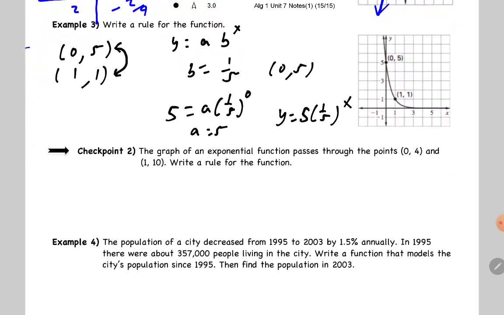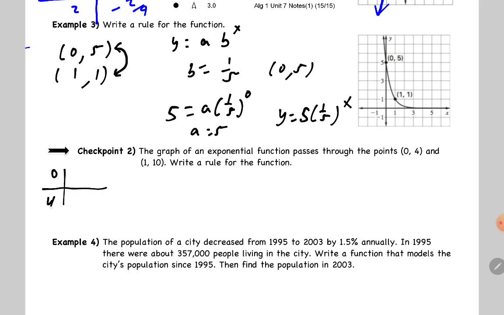The graph of an exponential function passes through the points 0, 4 and 1, 10. So we have 0, 4, 1, 10. Write a rule for the function. How do we get from 4 to 10? One way is to make a table.